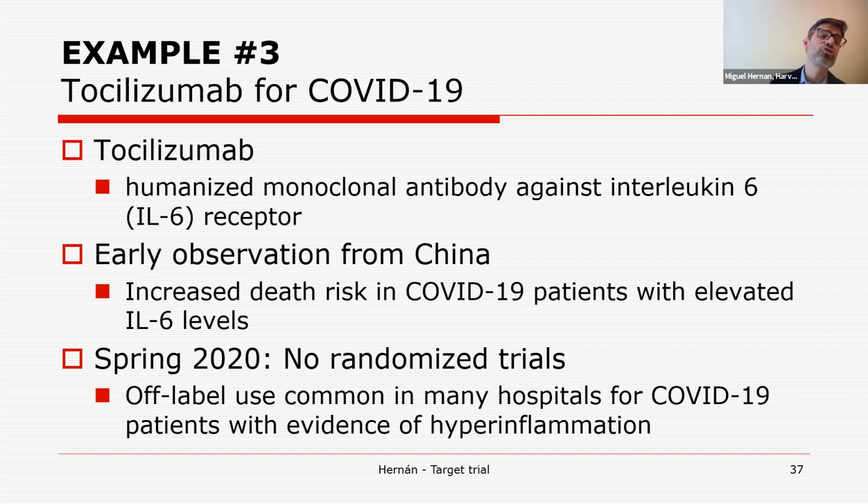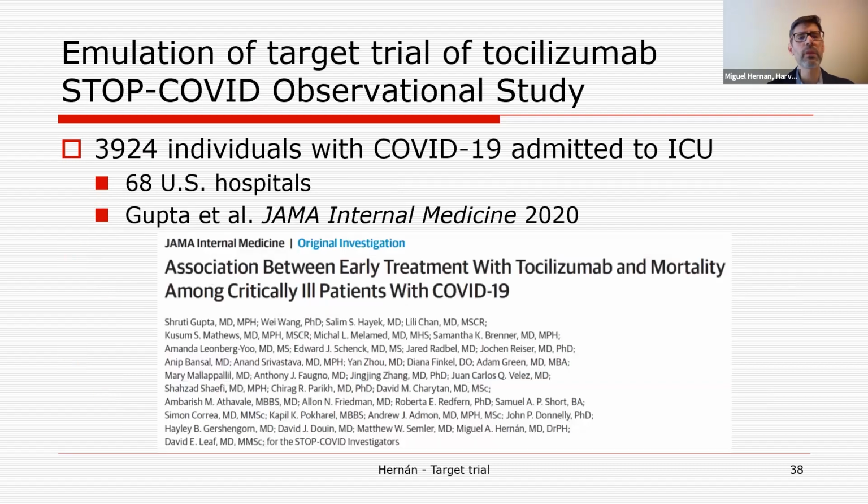So people started to use tocilizumab to treat serious cases of COVID-19, but there were no randomized trials. So we are in the spring of 2020, there are no known treatments that work. This is a possibility, people use it.